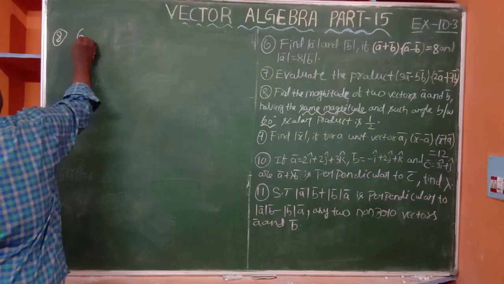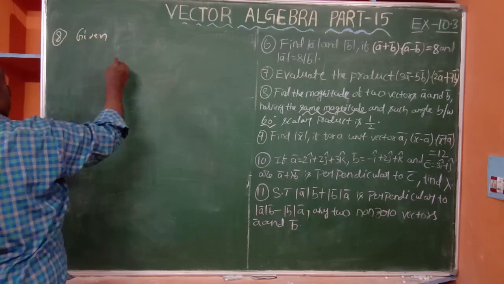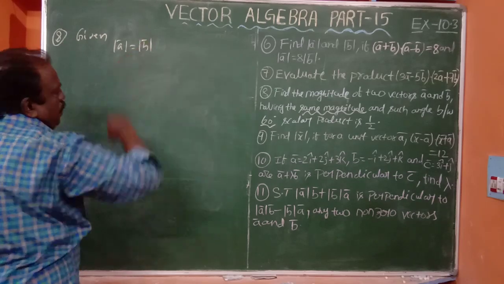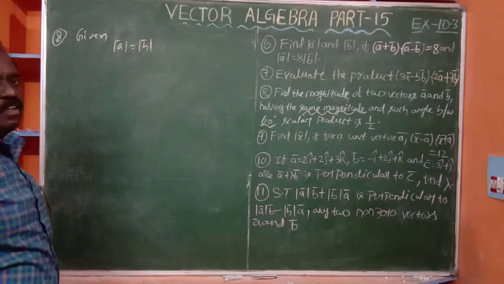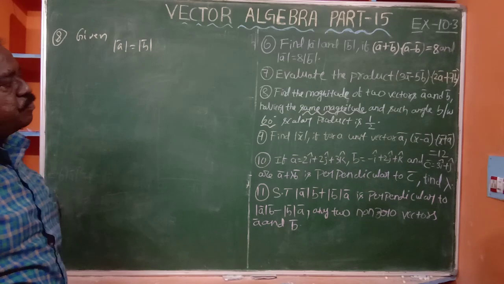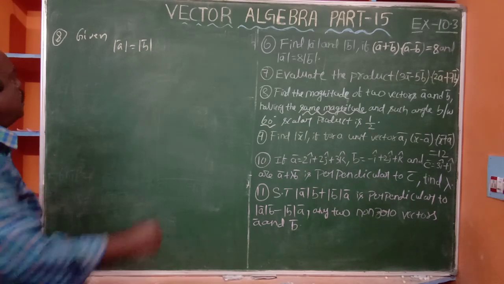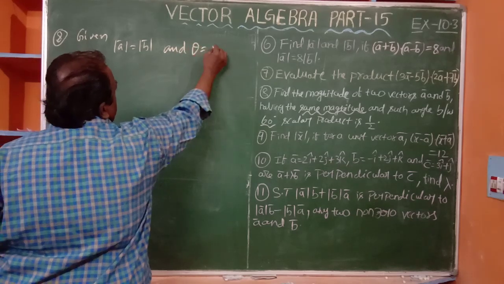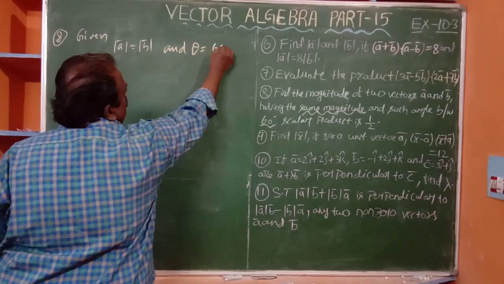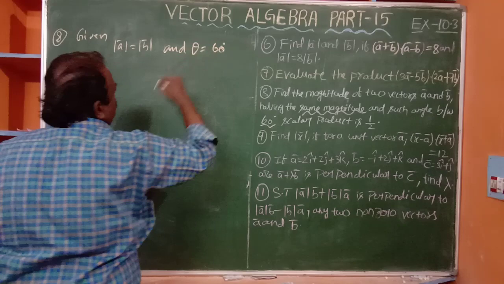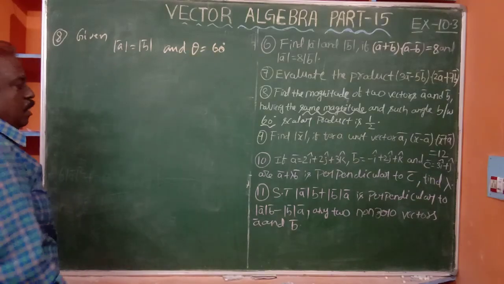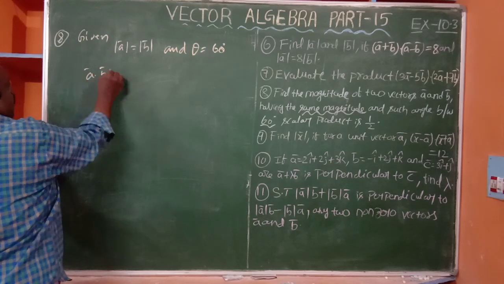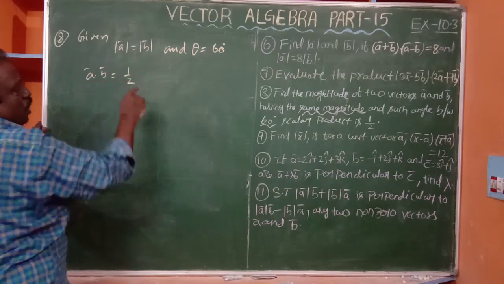You see, given modulus of A bar is equal to modulus of B bar, because their magnitudes are the same. And theta is equal to 60 degrees, we are given 60 degrees. And A bar dot B bar is equal to 1 by 2, we are given 1 by 2.